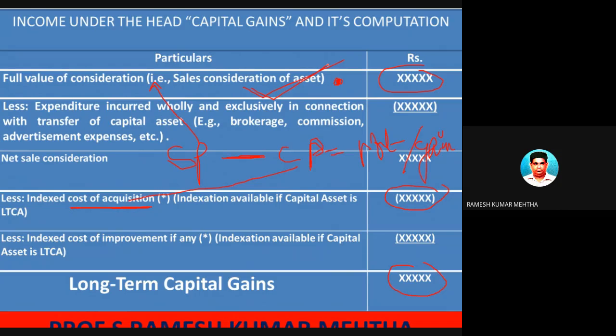The sale has taken place in the financial year 2019-20, because all our problems are related to the financial year 2019-20. But the most important point is the cost price. Cost price in terms of capital gains is called cost of acquisition.